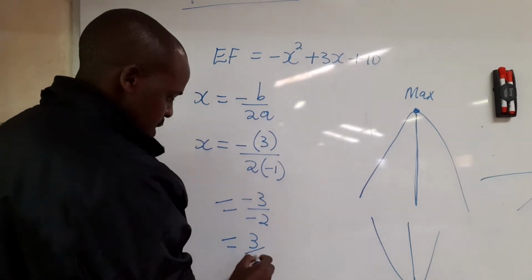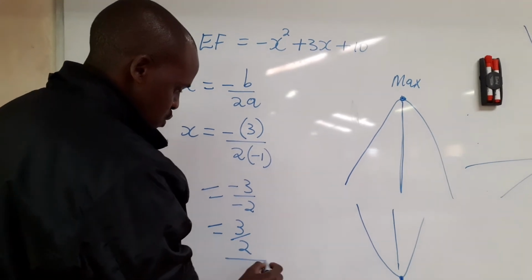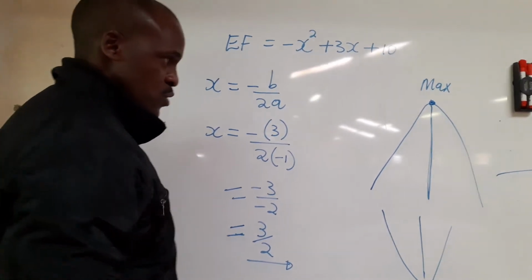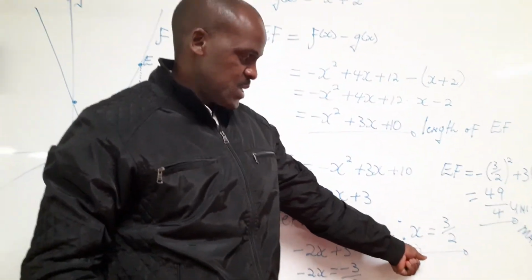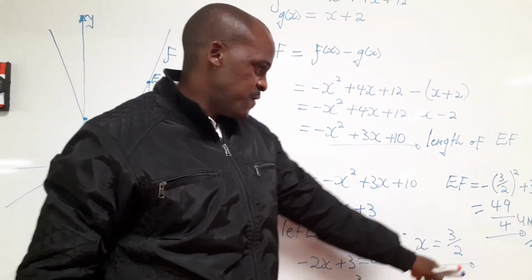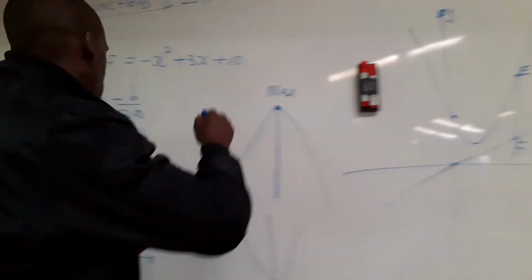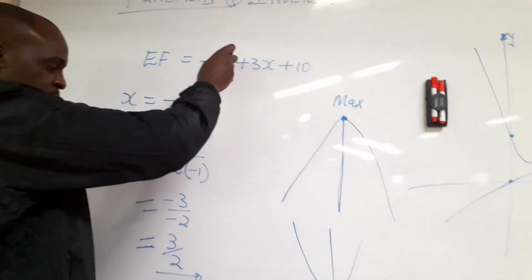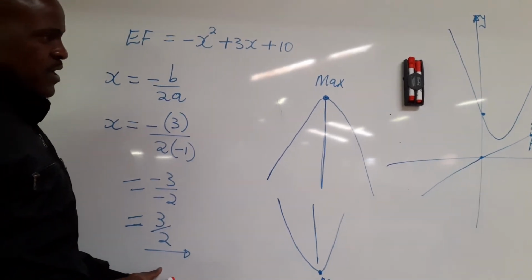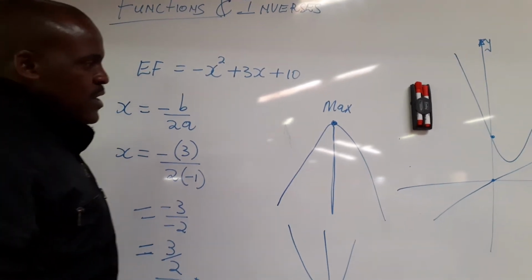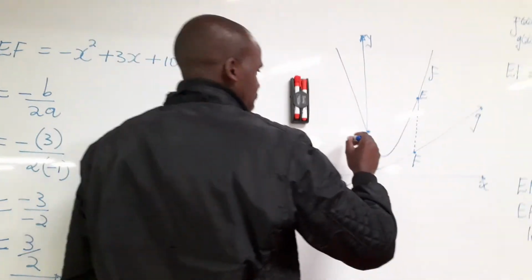Therefore, x is 3 over 2. It's positive 3 over 2. The same as this value of x. And then we take this value into the original, into the length of EF, to find the maximum length of EF.